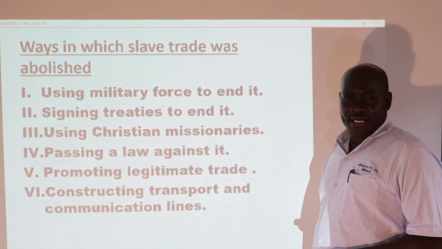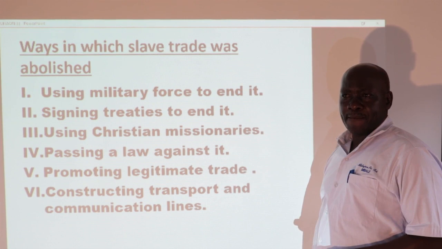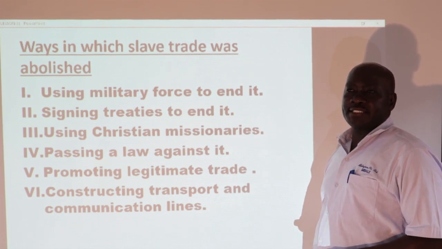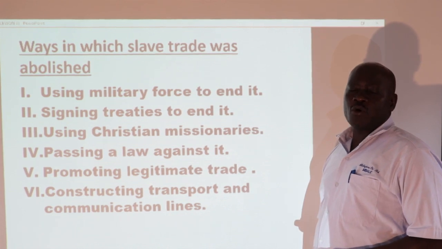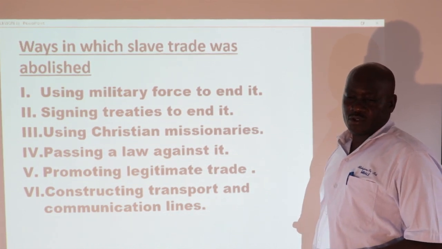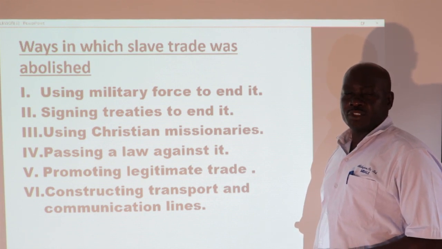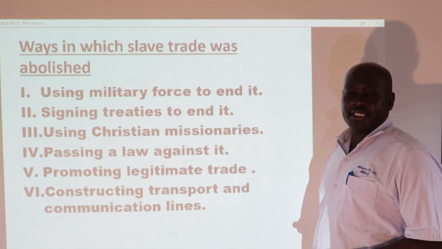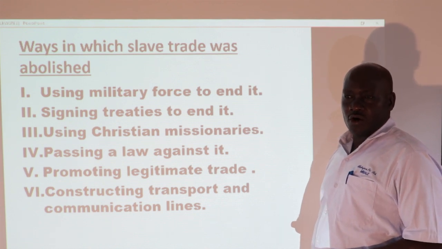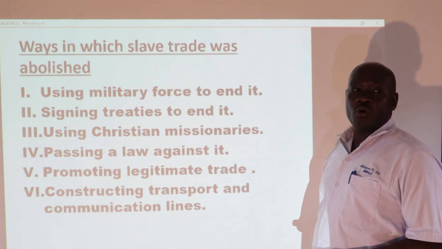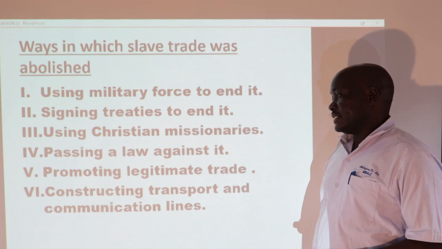Passing a law against it was by force, so that all slave markets were closed, meaning that Zanzibar, which was a slave market in East Africa, Tabora, Kilwa, and others were all closed because the law was passed against it.